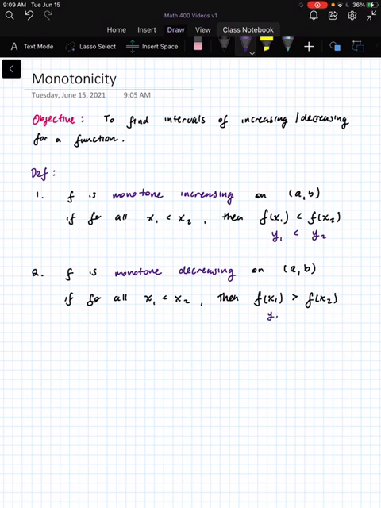So in this case, the order of the y values is switched. If x1 is less than x2, now y1 is greater than y2.